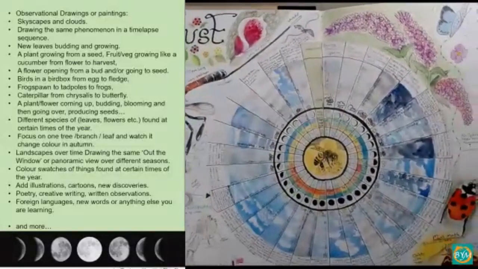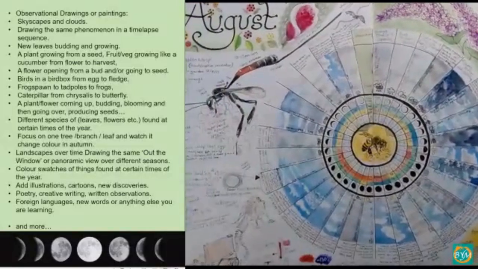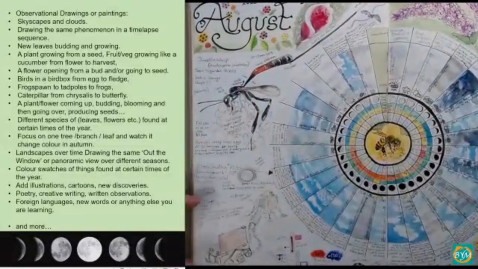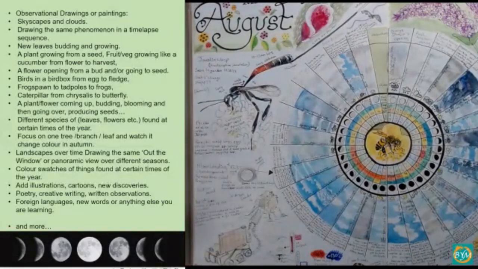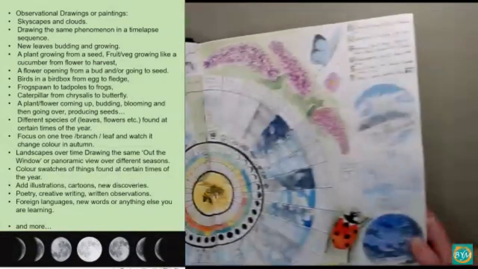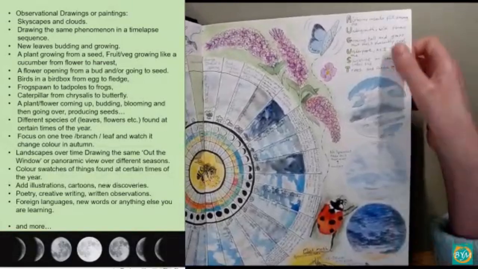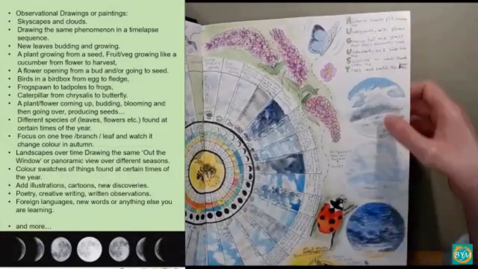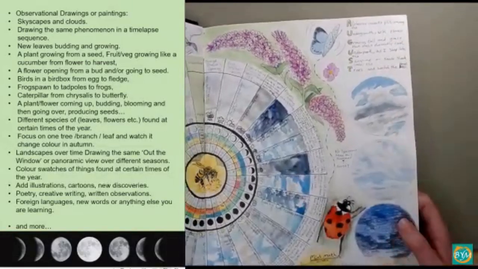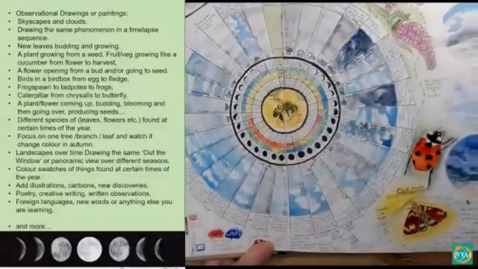So I put in extra observations, things that I want to highlight or want a bit of extra space to add in. And I can write about it, I can ask questions, I can do my I notice, I wonder, it reminds me of. You can also include bits of creative writing or poetry. So I've had a little go at putting a little poem over in the corner. So you can add things like that.